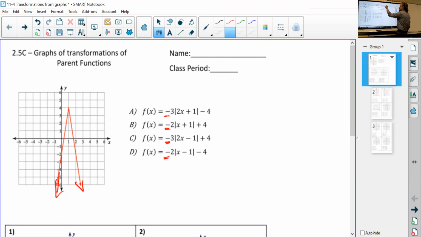But then I see it's shifted to the right, which means part of my rule, it should be x minus h, right?